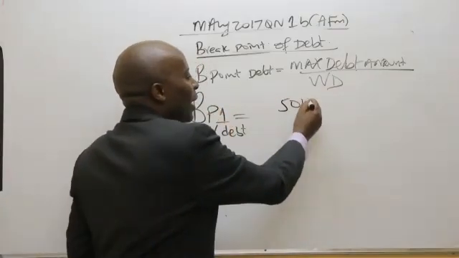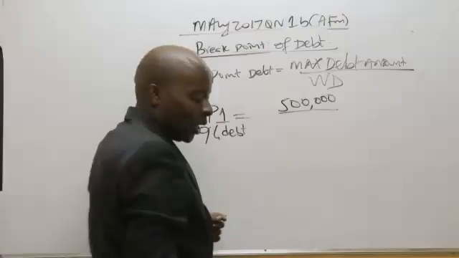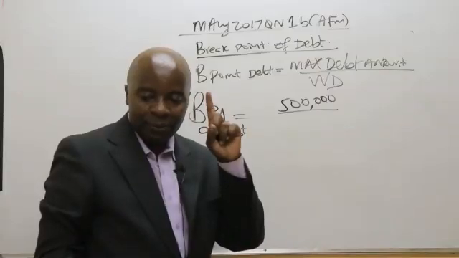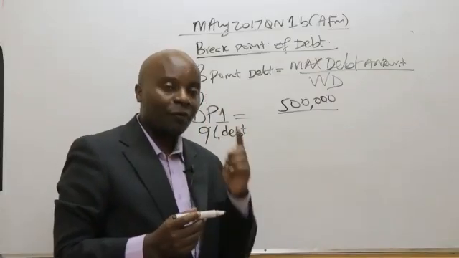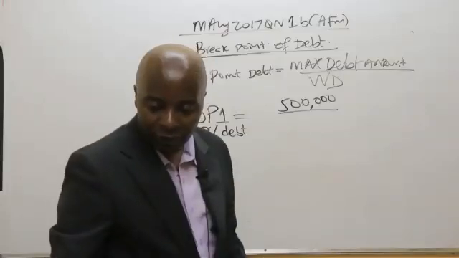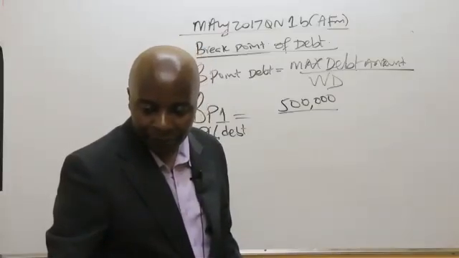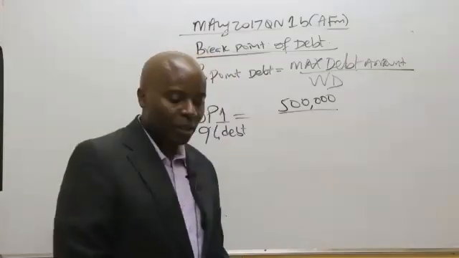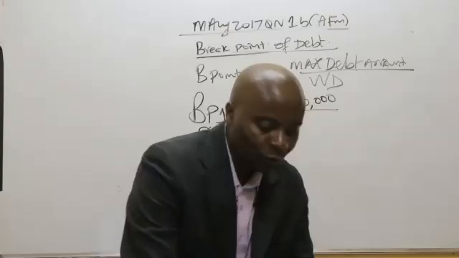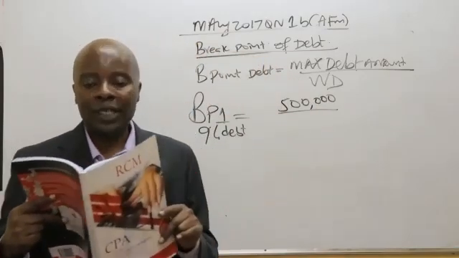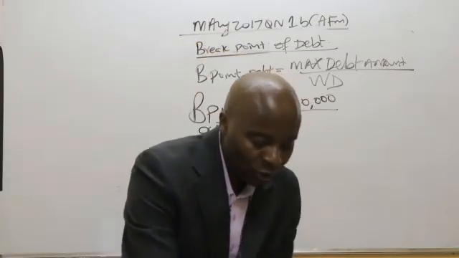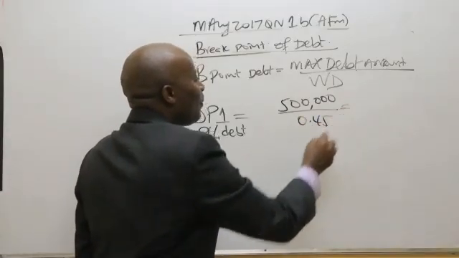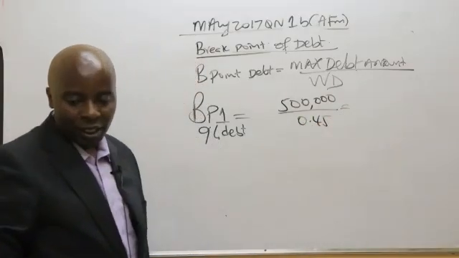We divide this by the weight of debt, which you had given me from the first table given in this question. You can see that the weight of debt is 45%. So we divide by 0.45: 500,000 divided by 0.45.